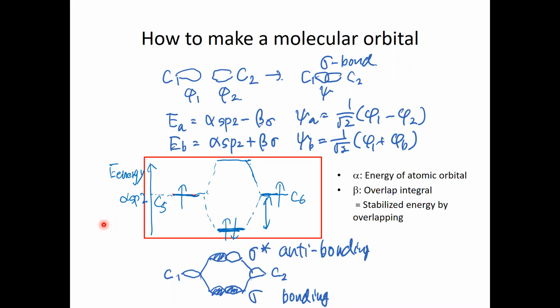That's why overlapping with the same phase gives stabilization, but with the opposite phase the bond is destabilized, which is called an anti-bonding orbital. And if it's the stabilized case, it's called a bonding orbital. So this is how to make the energy level of the molecular orbital.